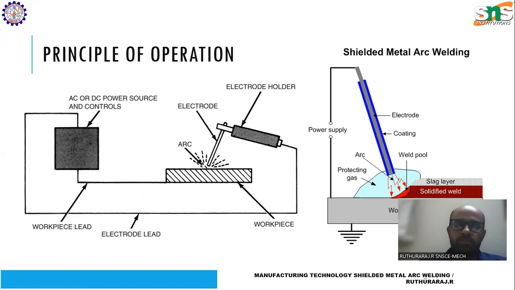But when the electrode and the workpiece are kept at a small gap, say 0.1 millimeter, the electrons try to move towards the workpiece, but they cannot move because of the air gap. When the electrons have to pass through the air, they generate a tremendous amount of heat. So plasma is created.